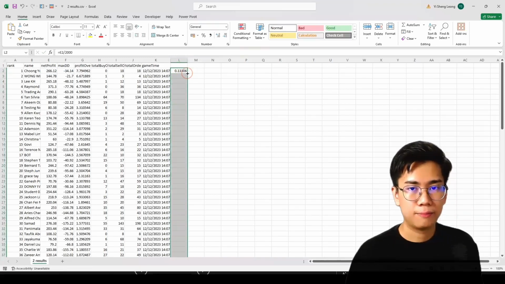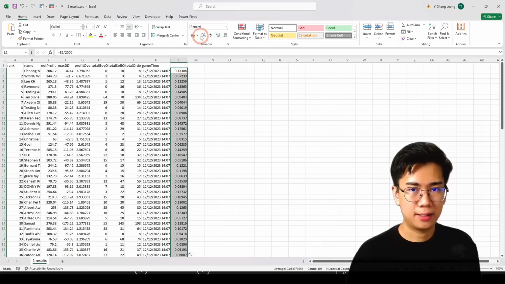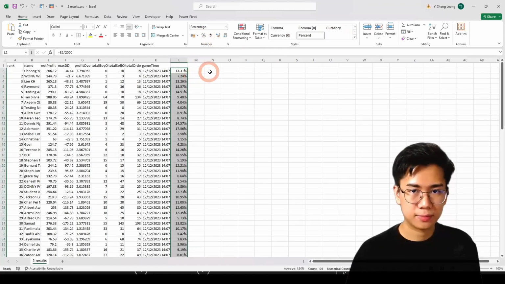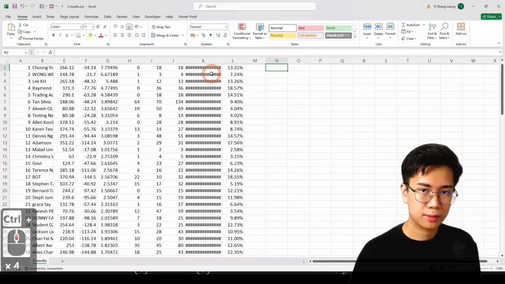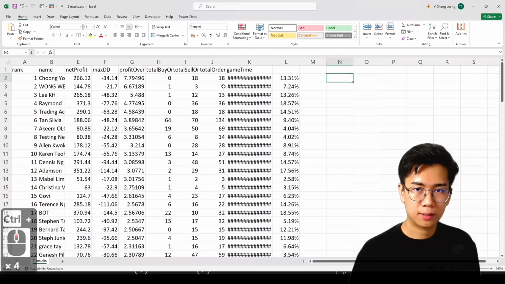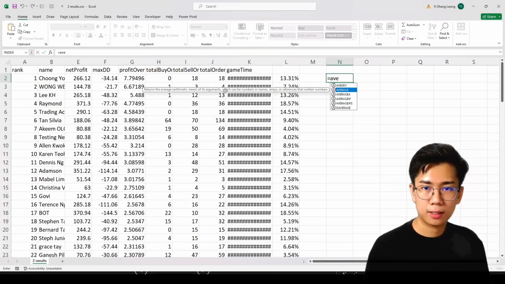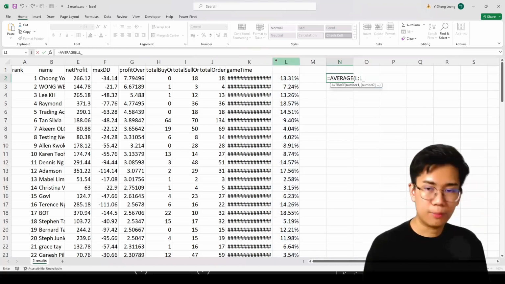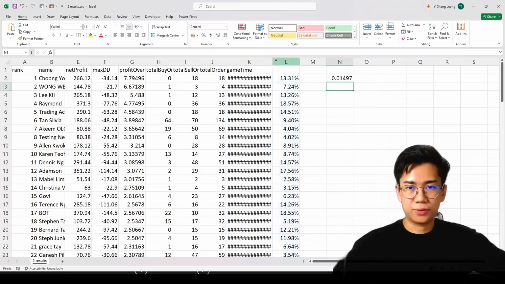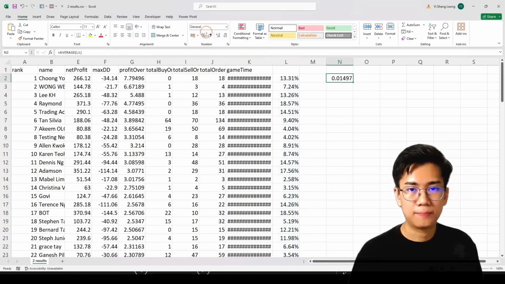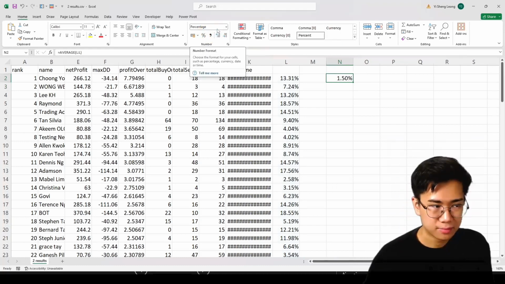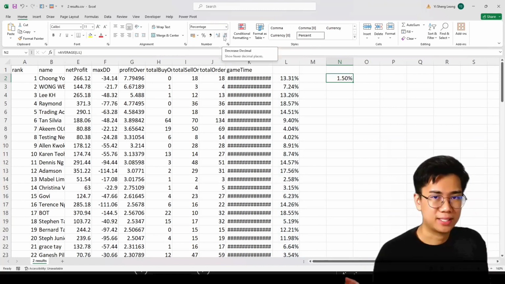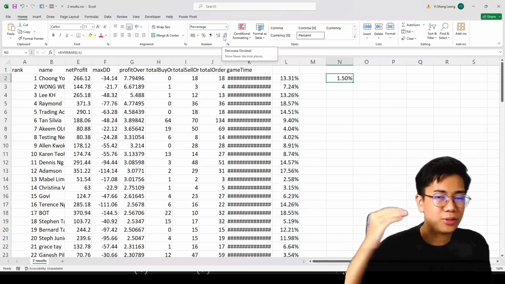Based on big data, the average performance of 100 plus of you guys is about 1.5%. I don't talk about the top trader, I don't talk about the worst.